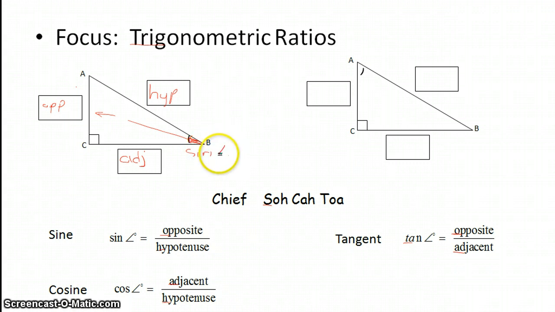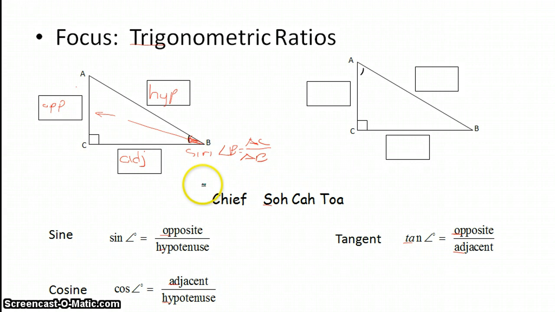So if I wanted to find the sine of angle B, we would set it up like that, and looking at our Chief SOHCAHTOA, we want the side opposite over the hypotenuse. The side opposite of B is side AC, so we would take side AC over the hypotenuse, and your hypotenuse is side AB.